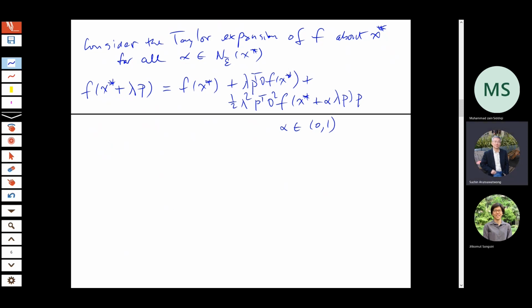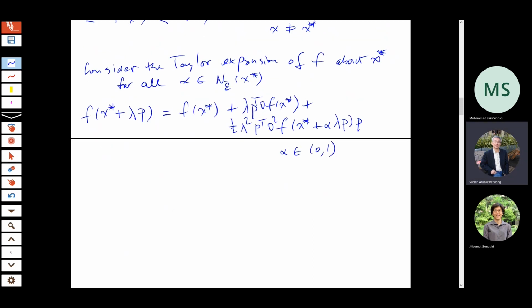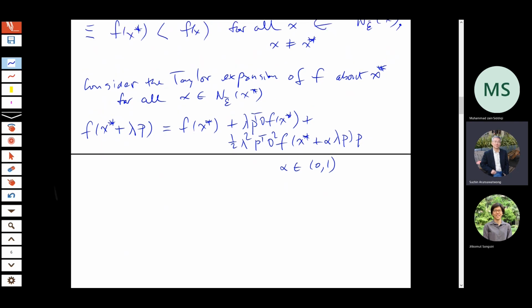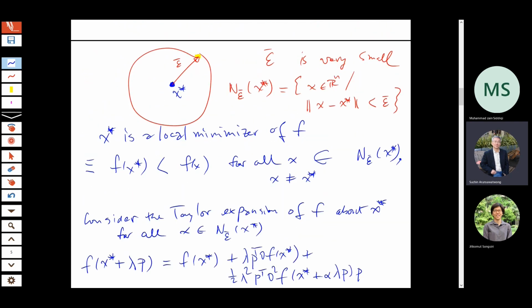Here we have to assume, because the point x star plus lambda p is in this neighborhood, that the norm of lambda p must be less than the radius of this neighborhood.